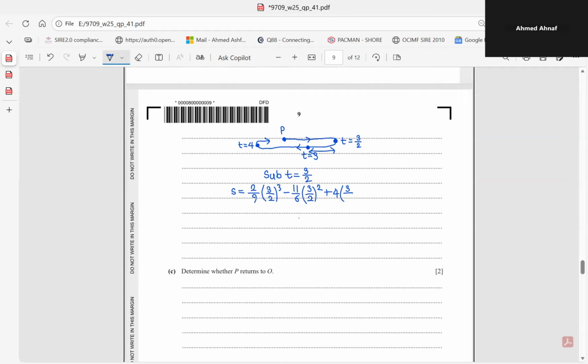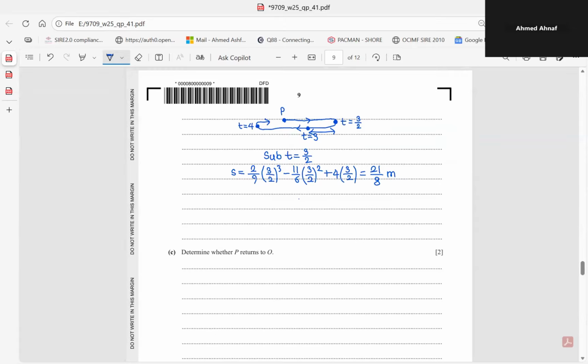Okay, and then just substitute. That's 21/8. So this is the displacement at that point.